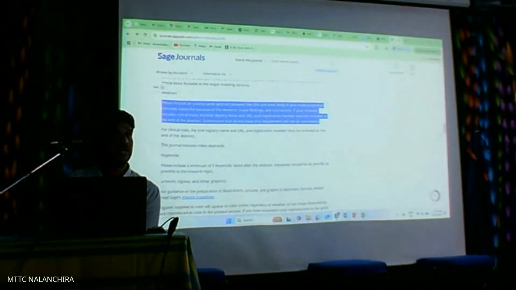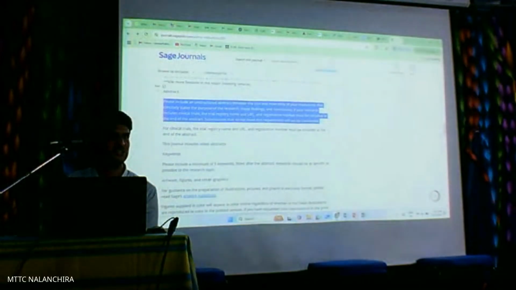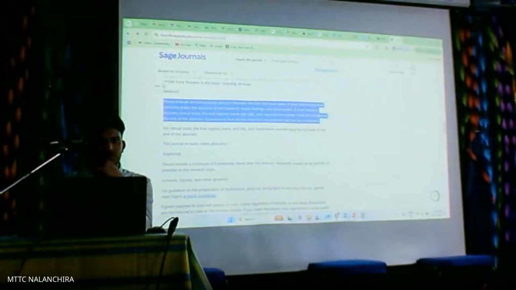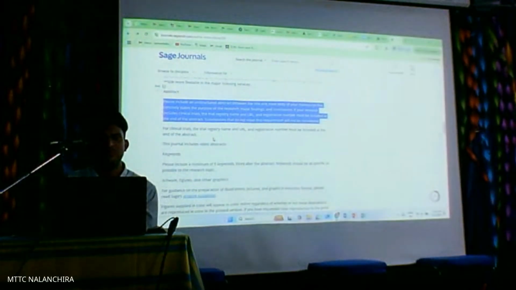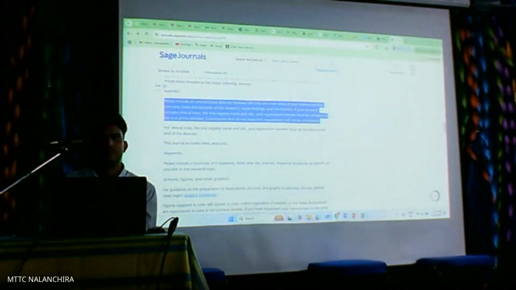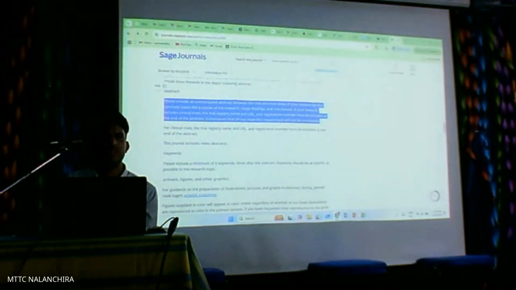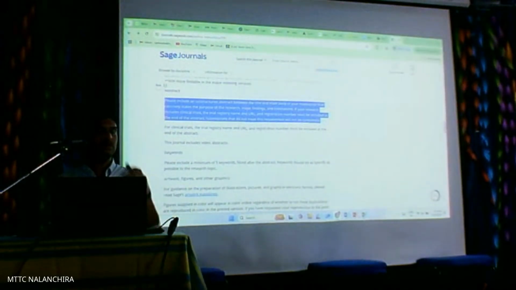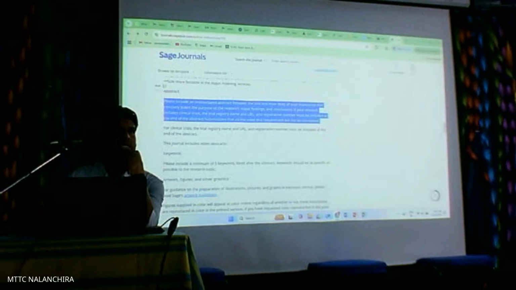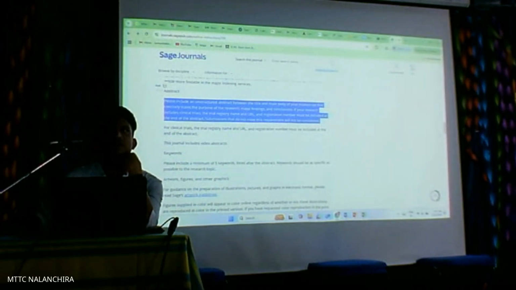So include an unstructured abstract. Unstructured means simply we write an abstract, and the limit must be mentioned here, maybe 300 words. Main body of your manuscript, consider that. Many publication related papers say that never repeat anything as such in the abstract that is given in the main paper.